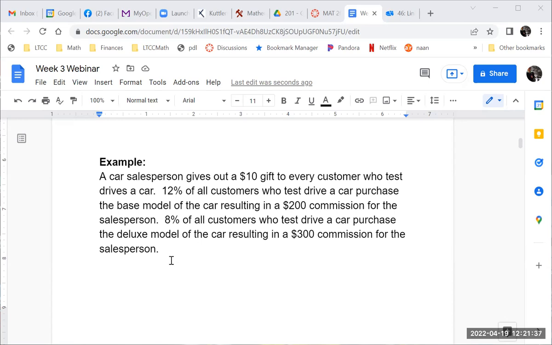So the idea here is we want to come up with a probability distribution table. So notice that this is definitely discrete, because what you're interested in business, what is everyone interested in business? In one word? Money?